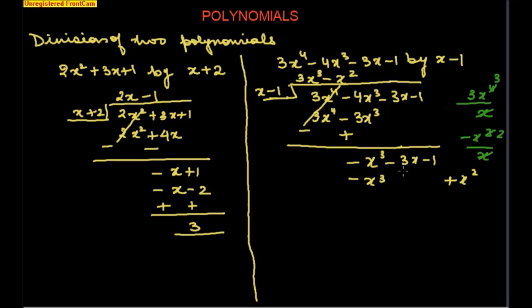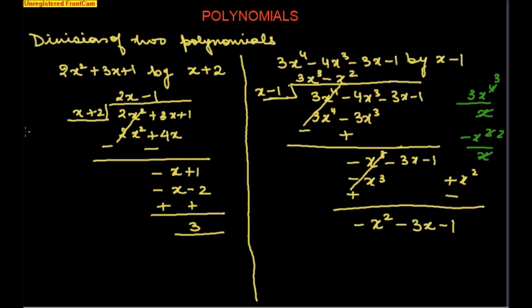Because there is no term of x square here, we write it separately. I change the sign and this gets cancelled. Now again we'll write the polynomial, but remember, whenever we are writing the polynomial, we write the variable with the highest power first. Here the highest power is 2, so I write down minus x square, then minus 3x minus 1.